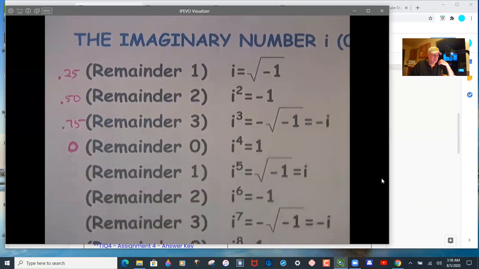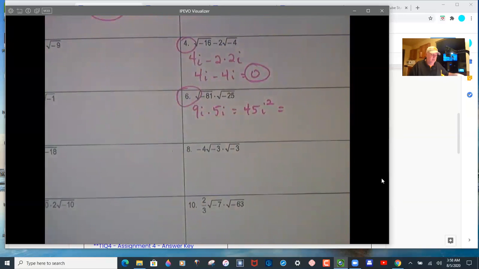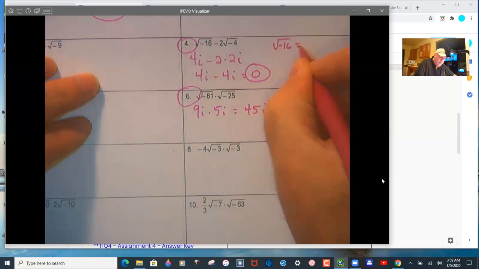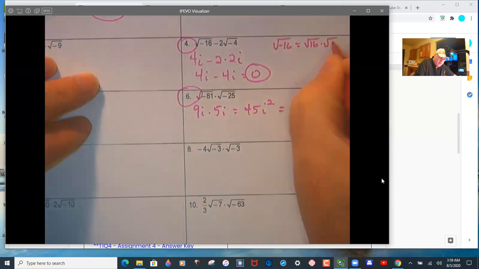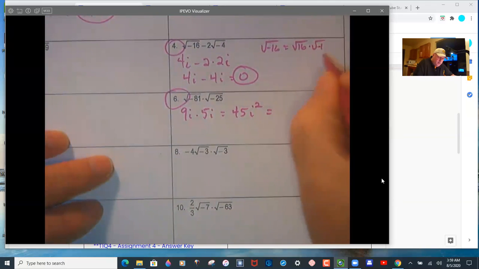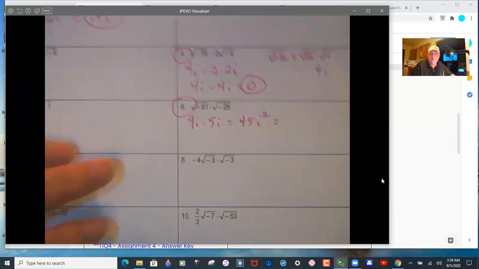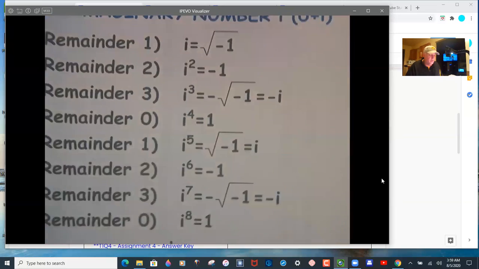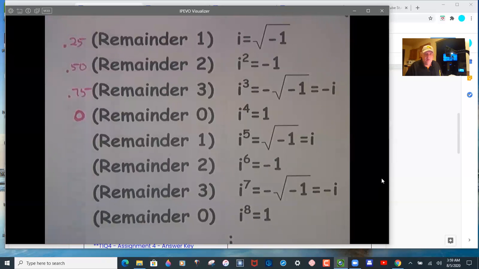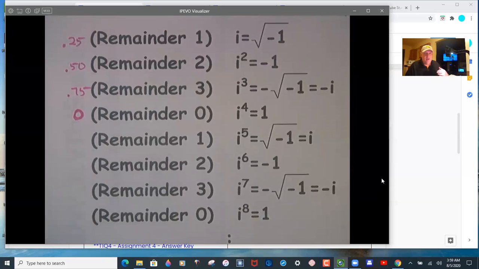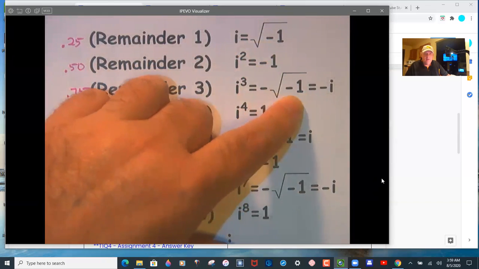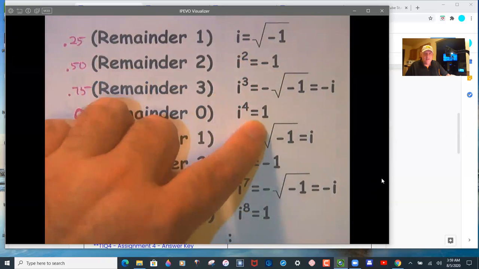If I was going to do this, I am representing it as the product of the square root of 16 times the square root of -1. The square root of -1 we just call i, so that reduces to 4i. But i squared, we square that, which removes the radical. And then i cubed, same thing: we take i squared times i, which puts that negative in front, and then i squared is i to the 4th.